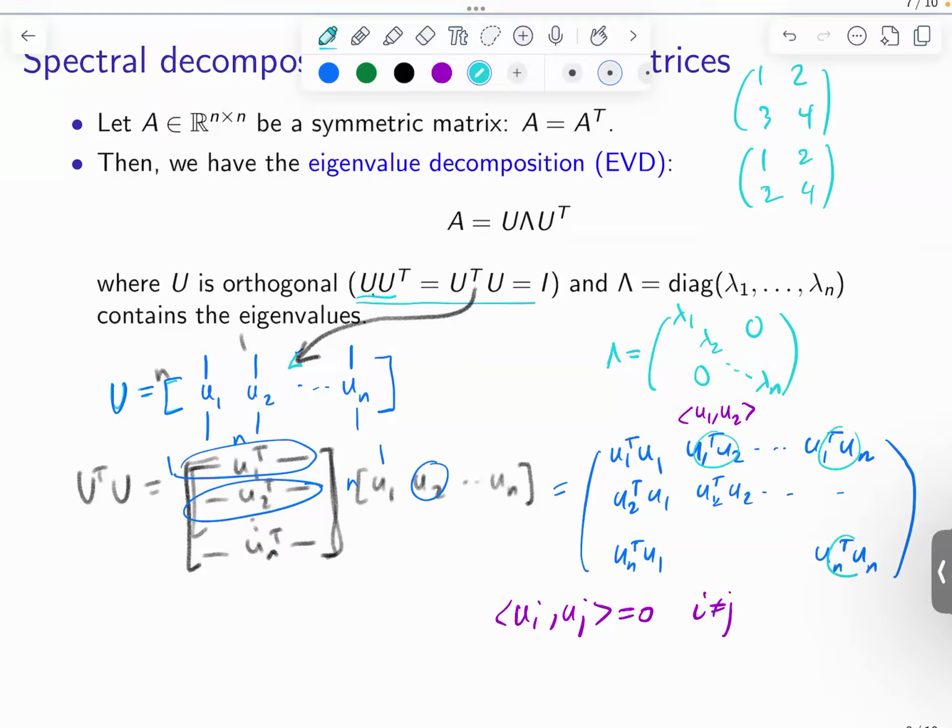These are all 0, and the diagonals are going to be 1 because it's equal to identity. So the inner product of every vector with itself, which happens to be its norm squared, would be 1. Diagonals being equal to 1 means the norm is 1, and the off-diagonal means they're perpendicular.